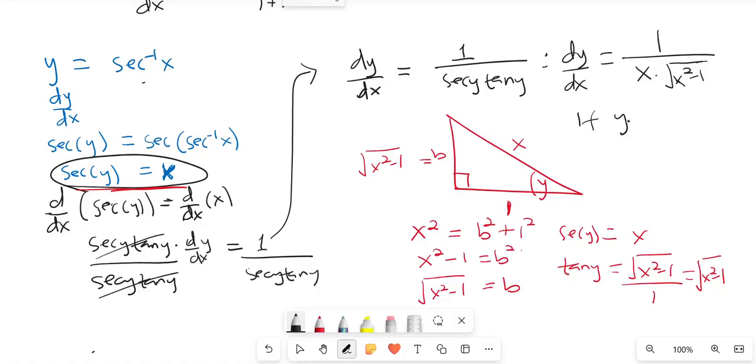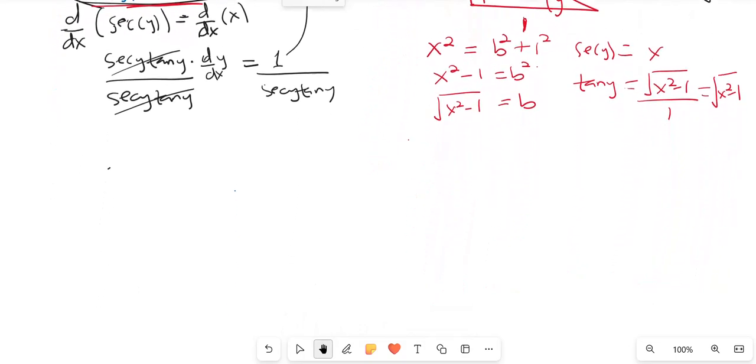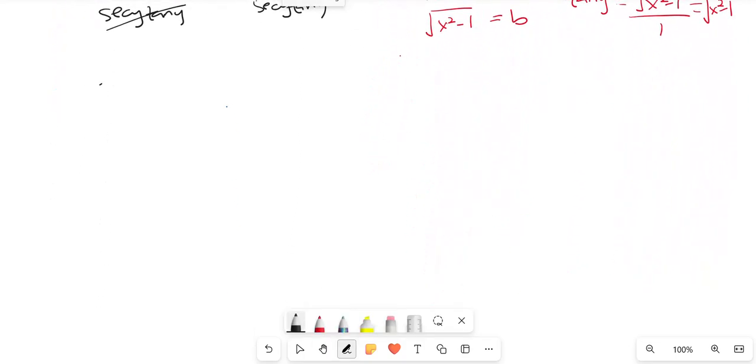So if we have y equal to the secant inverse of x, then the derivative of y with respect to x is 1 all over x square root of x squared minus 1.